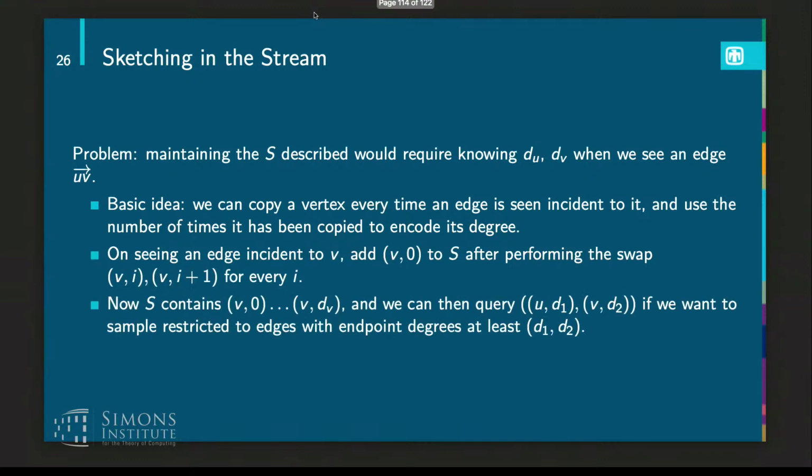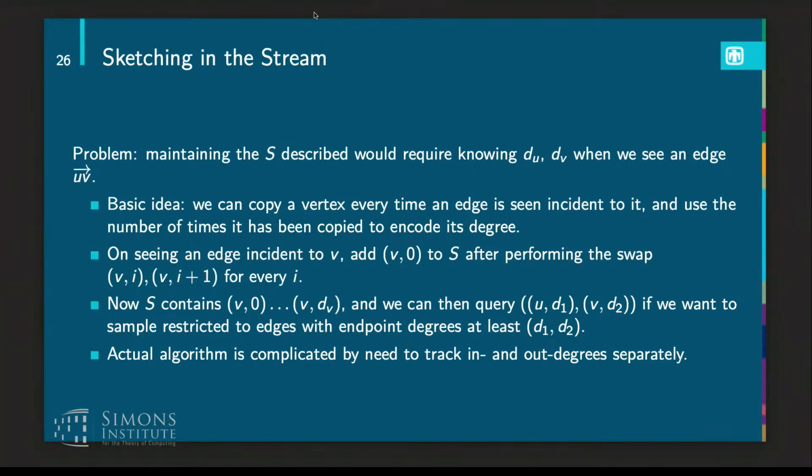And so that means that now for each vertex, S will contain v_i for every i from 0 to the degree of the vertex in the input you've seen so far. And so then you can query whether this vertex exists in the set with degree at least some threshold by doing queries that specify this threshold degree label in them.